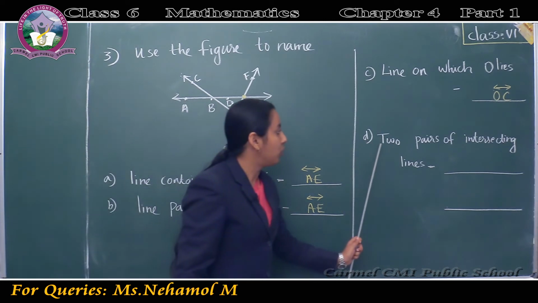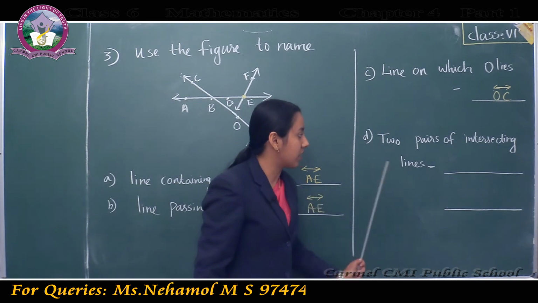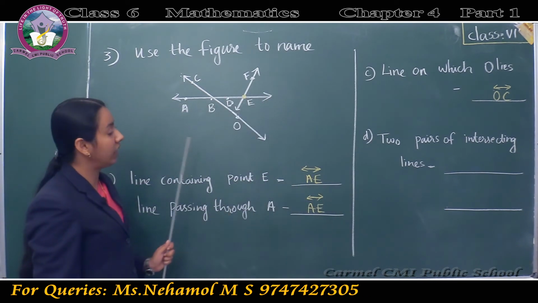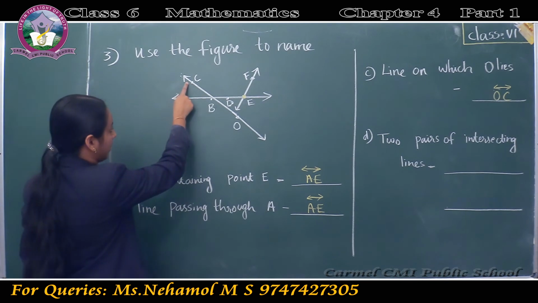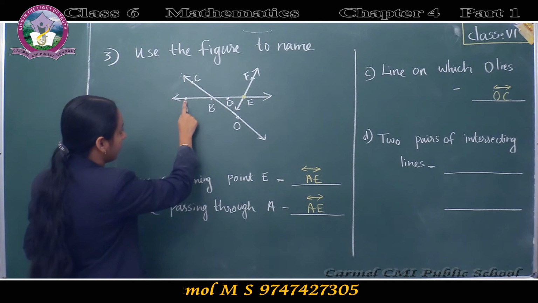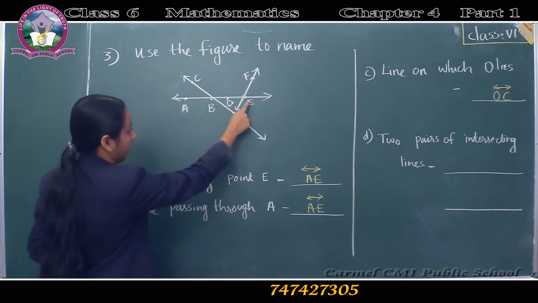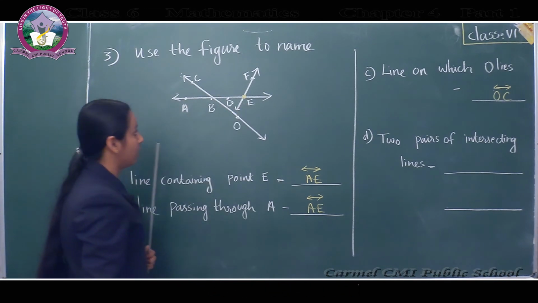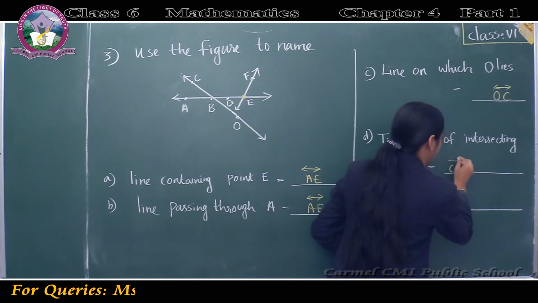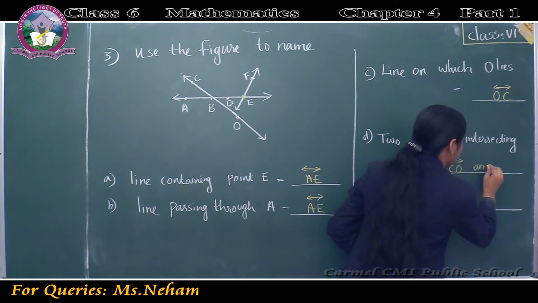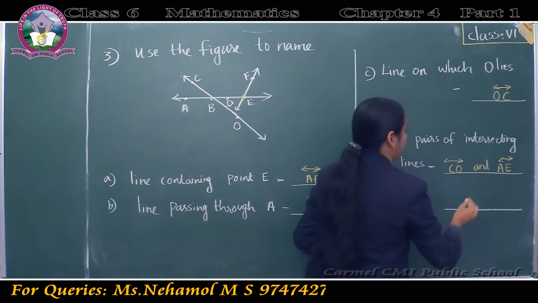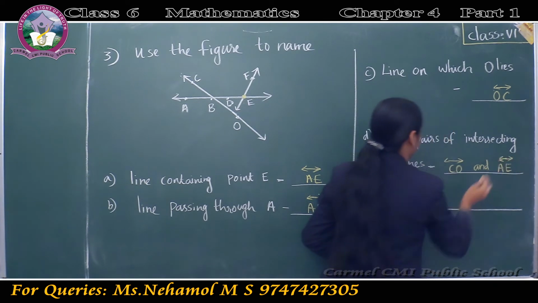Next question, two pairs of intersecting lines. We have to find two pairs of intersecting lines. Which are the intersecting lines? Line CO and line AE are intersecting lines. So, first one, line CO and line AE.